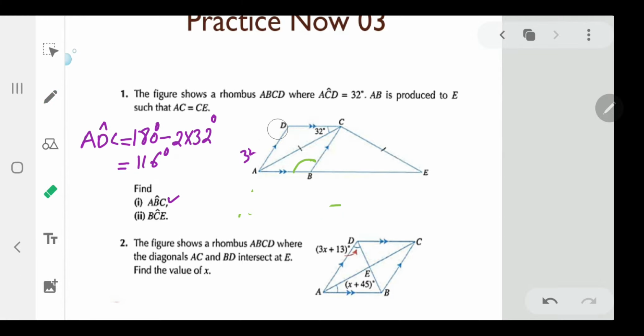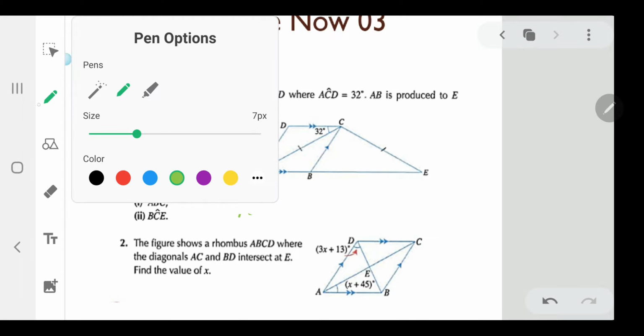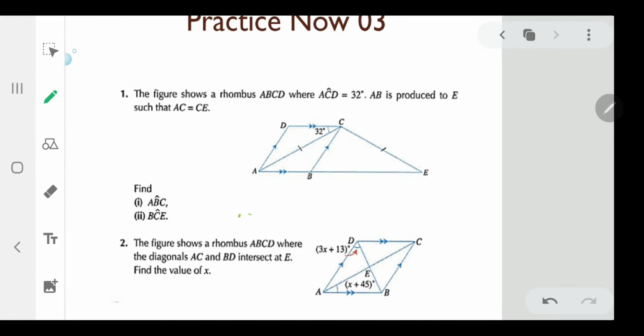Now to find out the value of BCD, how should we find it? So we consider this triangle, which is ACE, and we join this one.